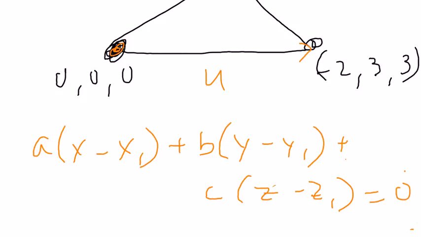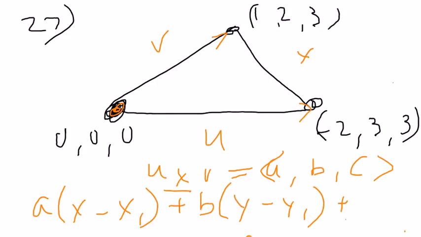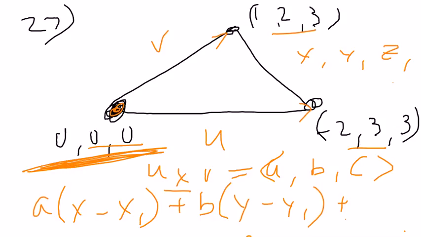This is the equation of a plane where a, b, and c are the normal vector. So in our problem, a, b, c is going to be the cross product of u with v. And x1, y1, z1 is one of these 3 points. And obviously we're going to choose this point, 0, 0, 0, because it's so much easier to work with than these other 2.